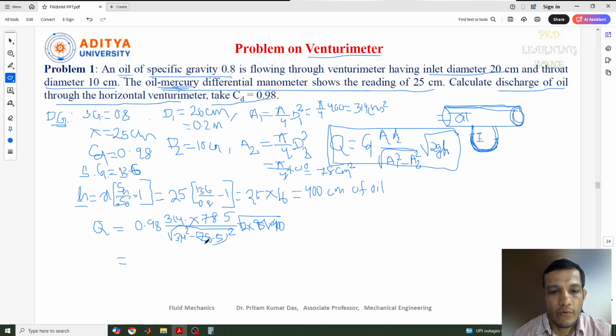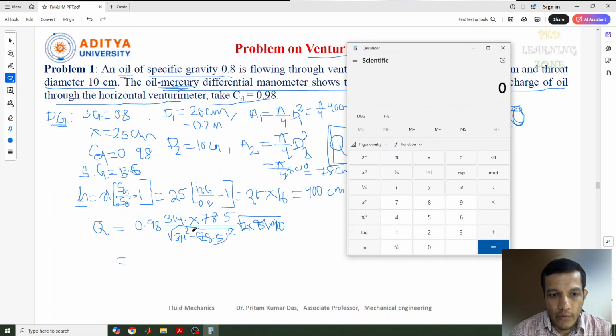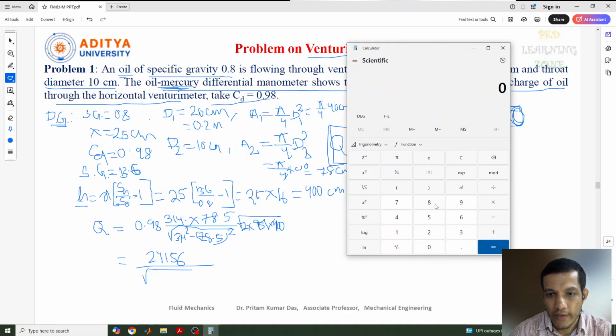We can find this with the help of a calculator, because such a big equation is there. So I'll do it one by one. 314 into 78.5 is 24,649, into 0.98 gives 24156. Then 24156 divided by, and one more thing, root over of 2gh also you can calculate.